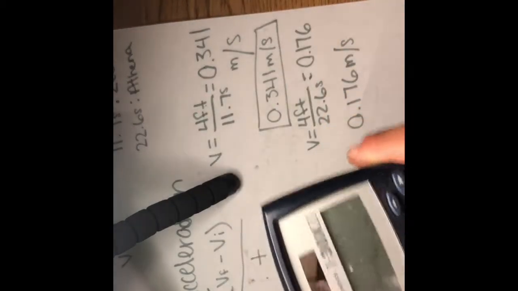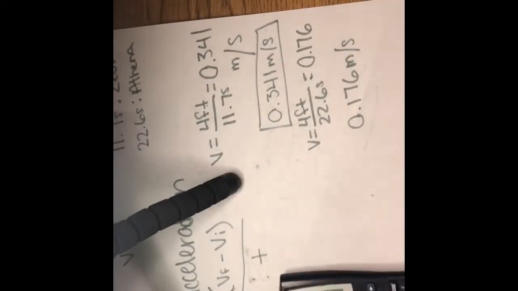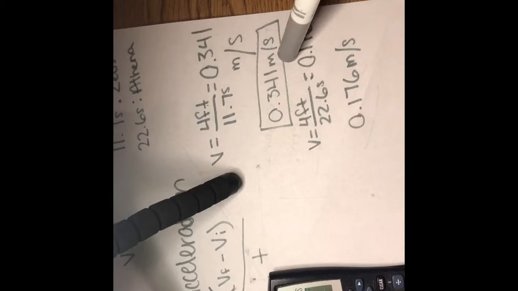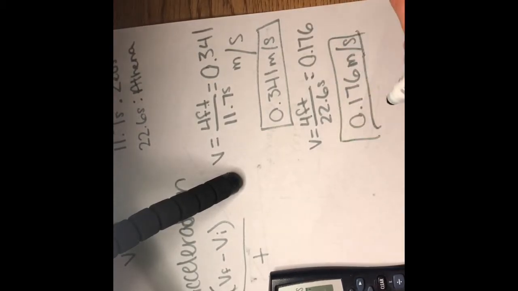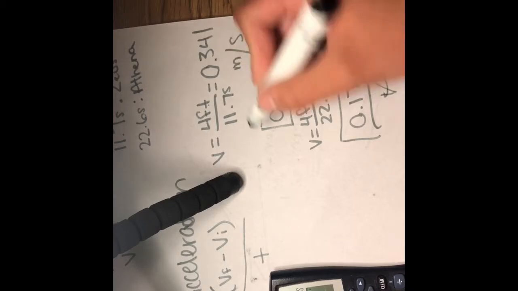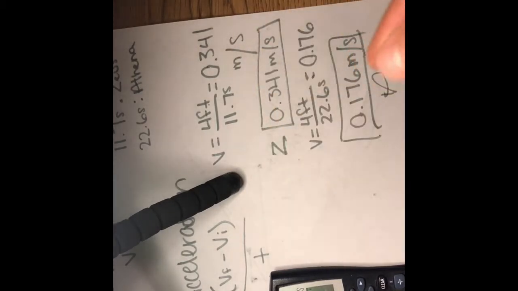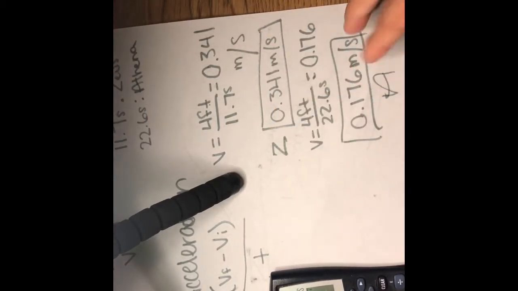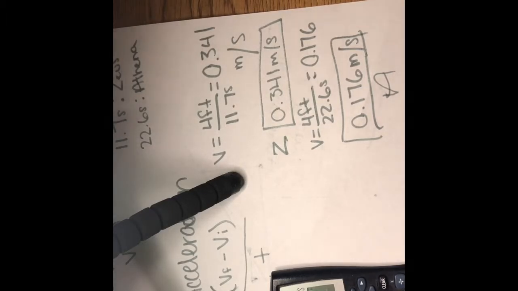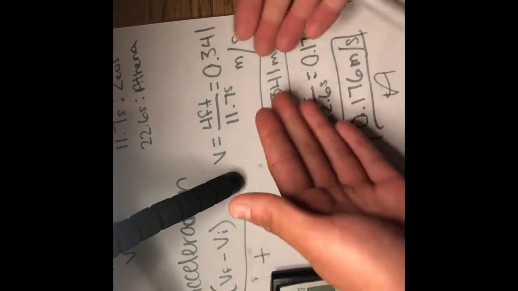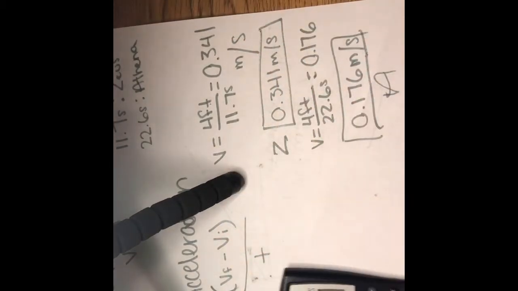Okay, I want to go get a calculator, but here are our average speeds for Zeus and Athena. This is for Athena, and this is for Zeus. And this is millimeters per second because I did measure it in feet. So let's say centimeters per second. I'm not exactly sure how I would measure feet into this.